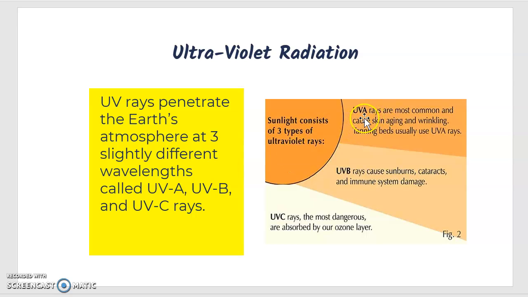You have the UVA rays, which are the most common; the UVB rays, which cause sunburns, cataracts, and immune system damage; and the UVC rays, which are the most dangerous. And it's a good thing that these UVC rays are absorbed by our ozone layer.